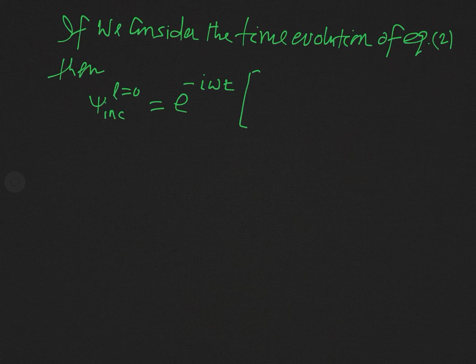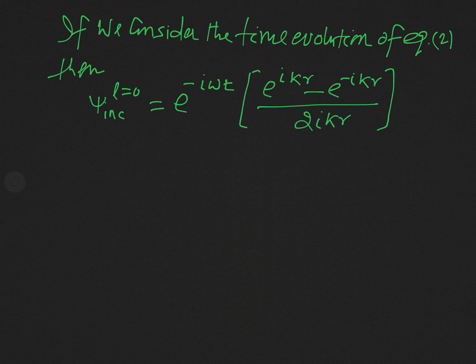And the wave function which was at t equal to 0, that was in fact e to the power ikr minus e to the power minus ikr divided by 2ikr. Now, you can write this equation in a particular fashion.